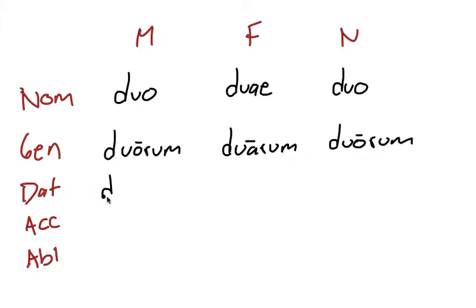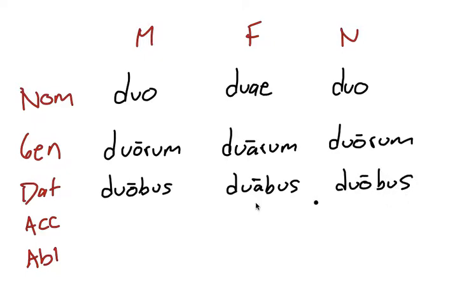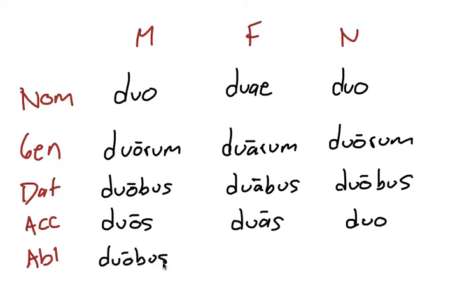Okay, the dative, duobus, duobus for feminine, and duobus for neuter. The accusative is duos, duas, and duo. And then in the ablative, same as dative, duobus, duobus, and duobus.